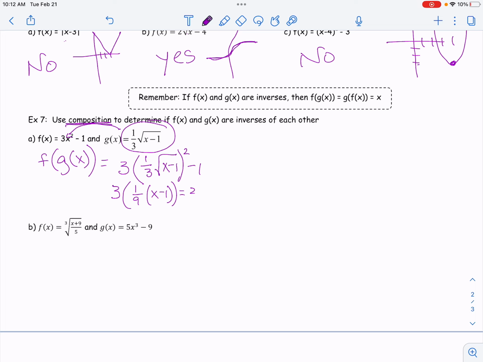This would be 3 times 1/9 x minus 1/9 minus 1. So this would be 1/3 x minus 1/3 minus, we're going to do 3/3. This is not going to give us an x value. So these are not inverses of each other.